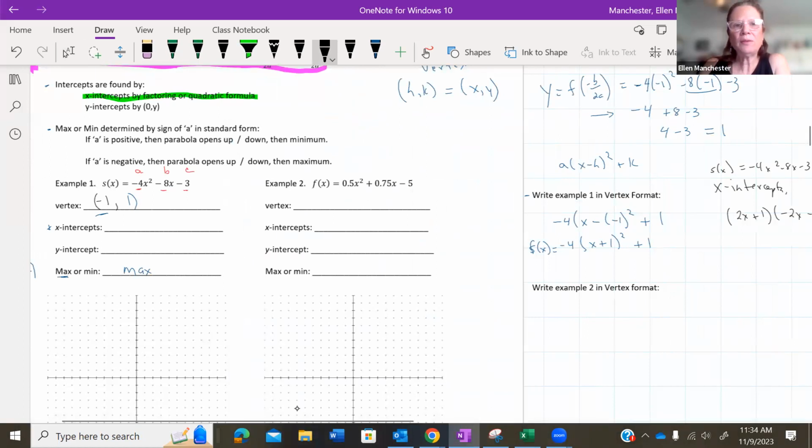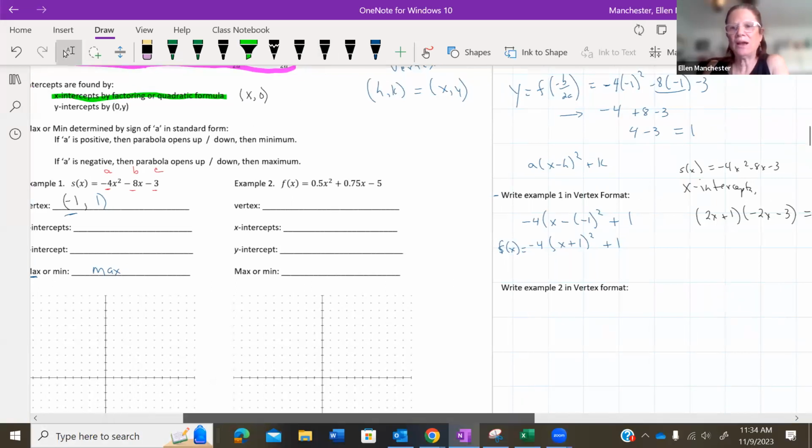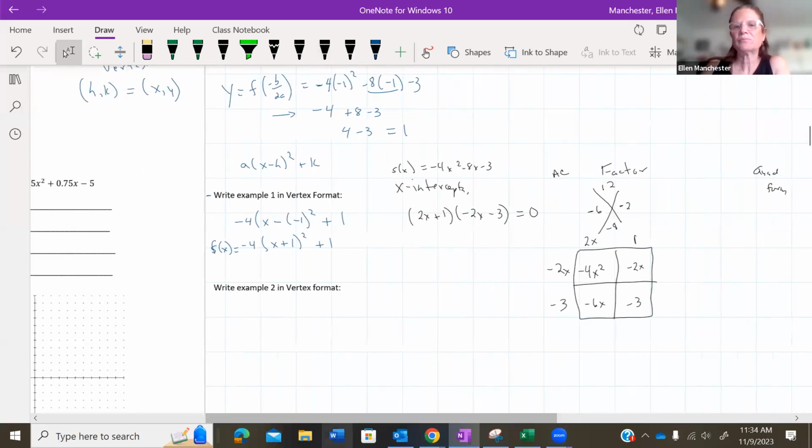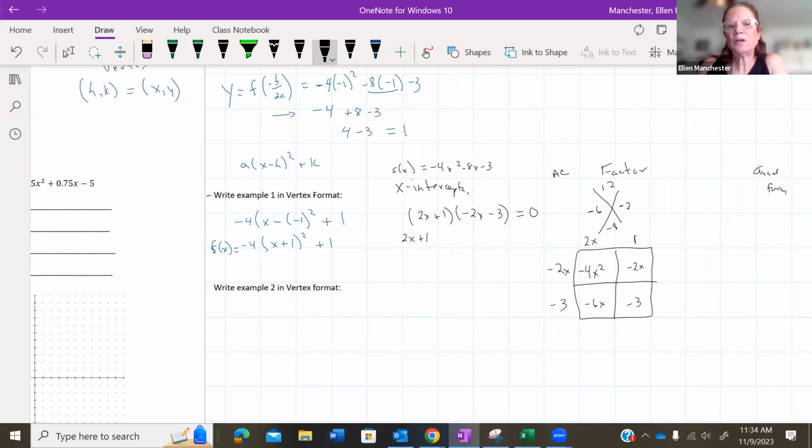Your x-intercept is x when y is 0. So that's why I set it to 0, because I'm saying that my y value is 0. So now I can solve. So I have 2x plus 1 equals 0 and -2x minus 3 equals 0.